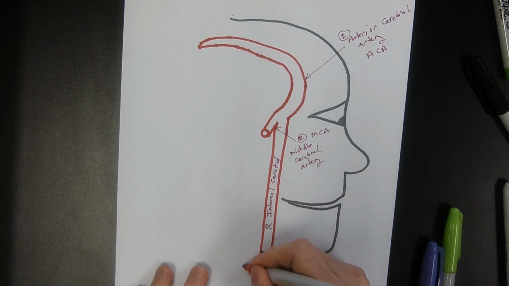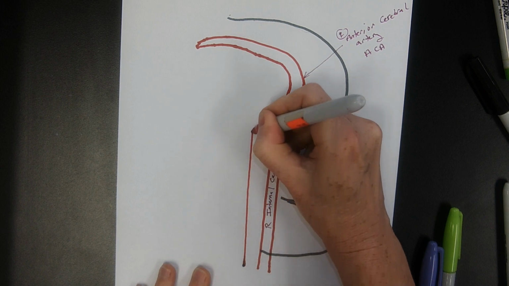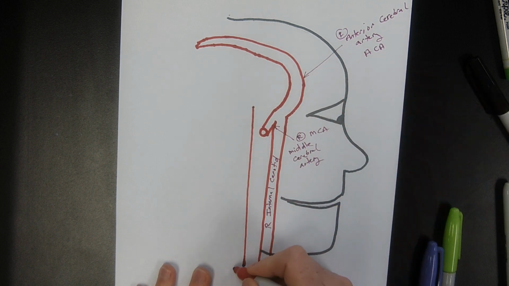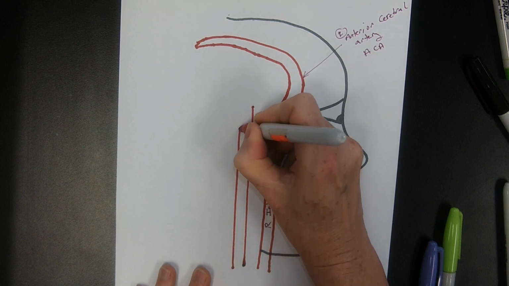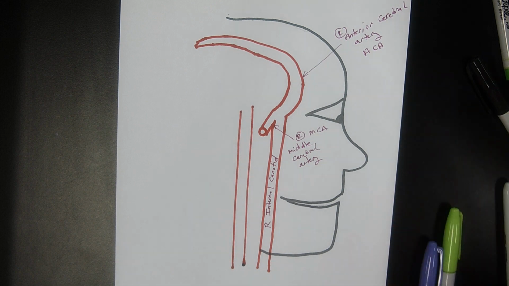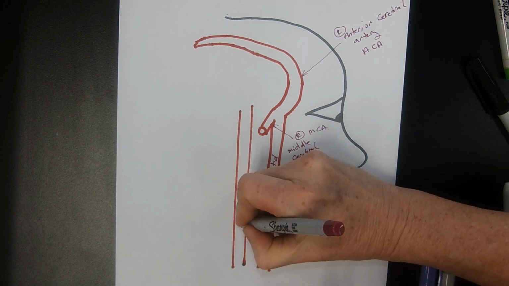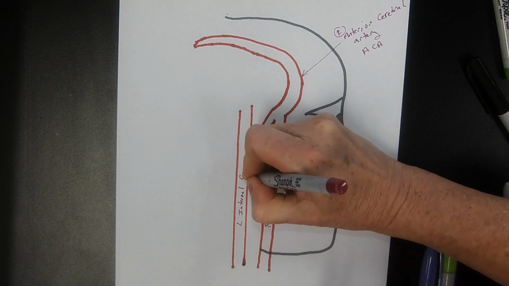I'll keep it red and just label it differently. So coming all the way up, you have your left internal carotid, just the same as the right internal carotid. They're coming up parallel to each other.